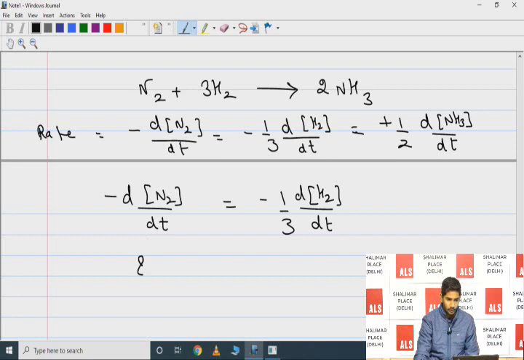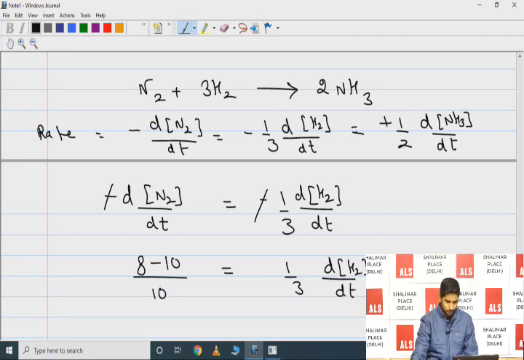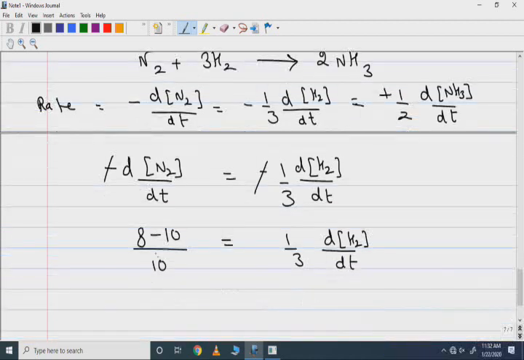So final value was 8. This sign will get cancelled out. Initial moles were 10, and for the whole process 10 minutes were taken, and is equals to what? 1 by 3 dH2 by dt.